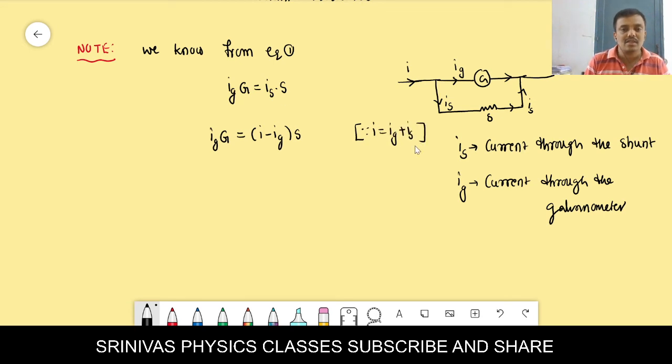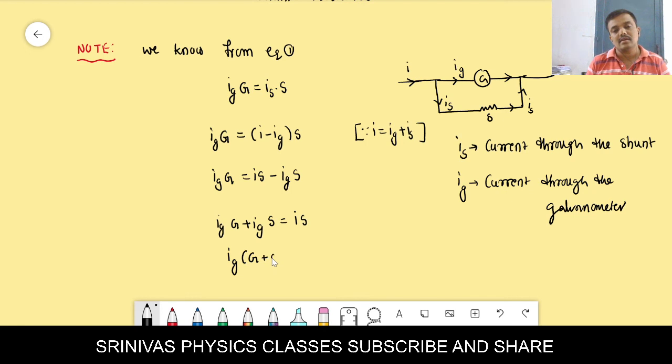Then Ig G is equal to I S minus Ig S. We take Ig S to the left side, then Ig G plus Ig S is equal to I S. We write Ig times (G plus S) equal to I S.